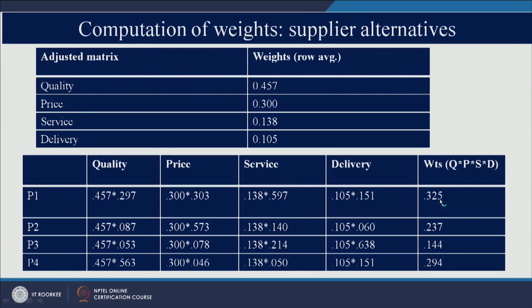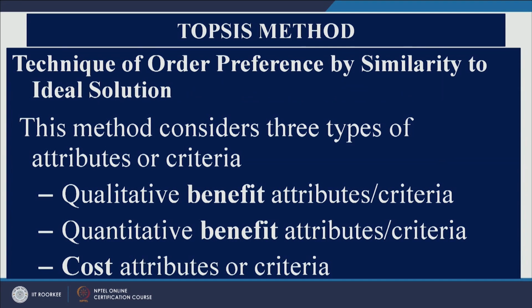Similarly, what we have seen in AHP, we ranked different projects, right, and finally selected P1 project as our final selection. So, in the TOPSIS method also we can select one of the projects out of several choices, and it has got several other applications.